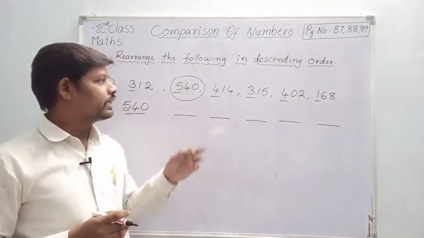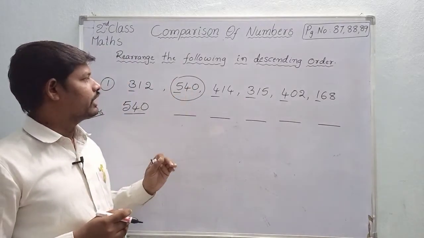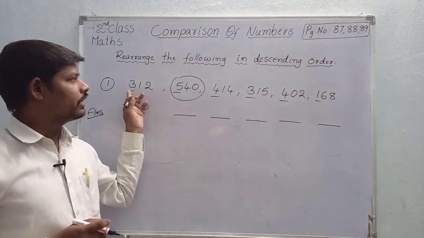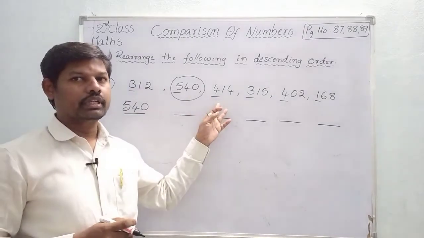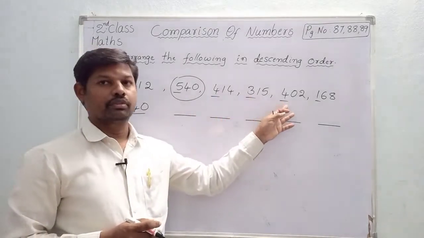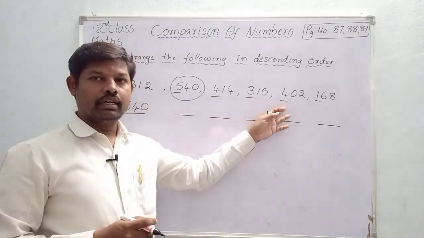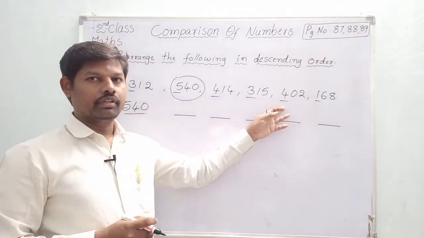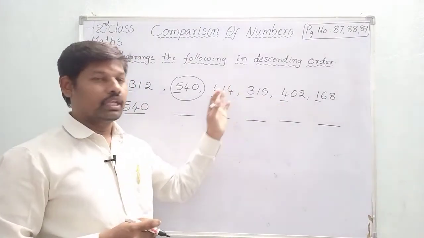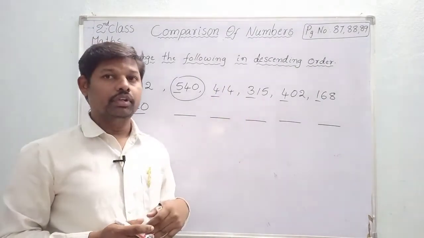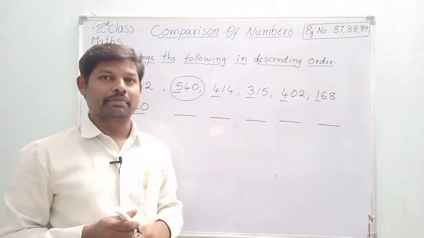Okay. Then after 5, which one is the big number? We have to write. This is 3 in hundreds place. Here 4. Here 3. Here 4. So 4 is the biggest number. The next biggest number is 4. But here we have two numbers with 4 in hundreds place.